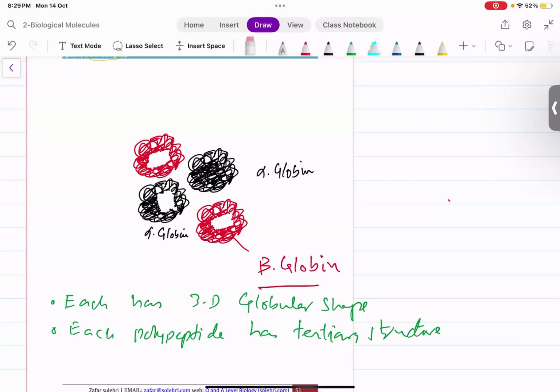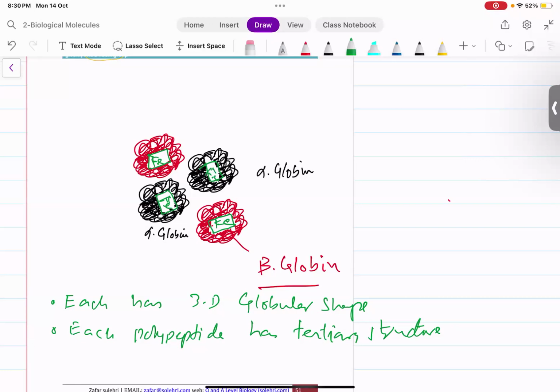A prosthetic group means a non-protein part attached with each polypeptide. This is a prosthetic group which is attached with each polypeptide, and it has an iron atom with each prosthetic group.